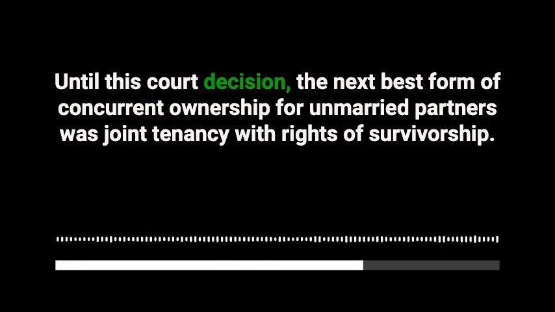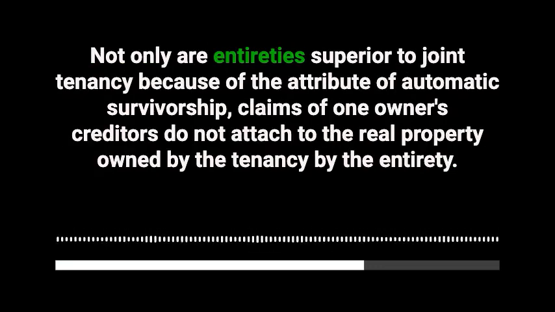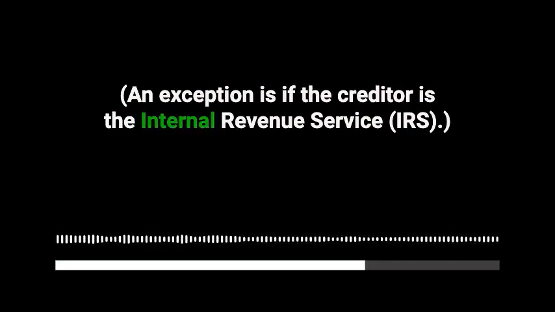Until this court decision, the next best form of concurrent ownership for unmarried partners was joint tenancy with rights of survivorship. Not only are entireties superior to joint tenancy because of the attribute of automatic survivorship, claims of one owner's creditors do not attach to the real property owned by the tenancy by the entirety.